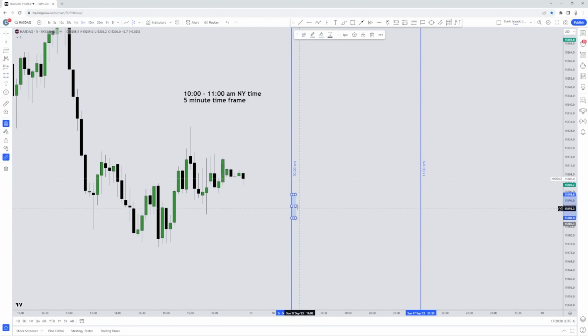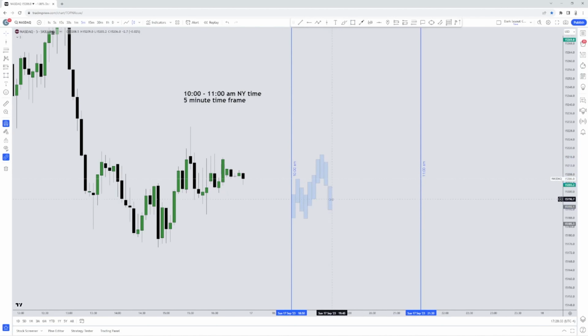The first FVG that is being created between those two times, let's say that this is, let's do it right here and right here. I'm just printing candlesticks, bullish and bearish, whatever, and let's say this is right here the first FVG.